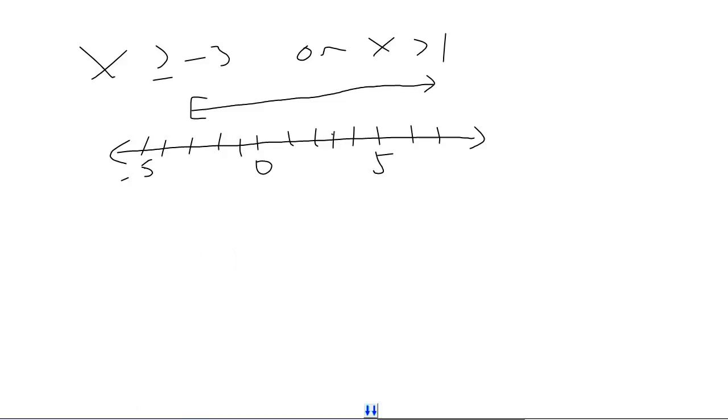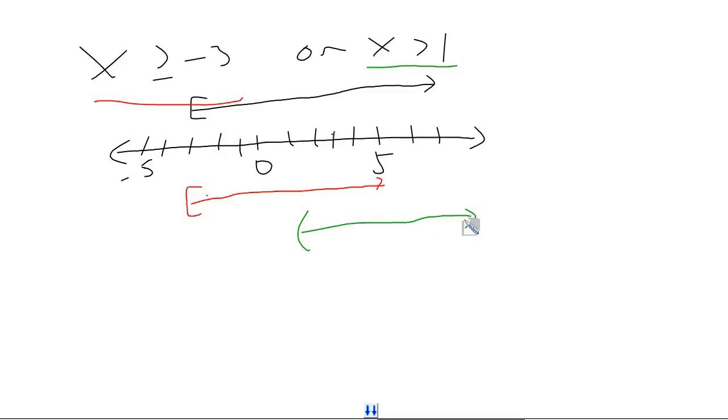Again, if I do something similar with the colors, the numbers that are greater than or equal to negative 3 are a bracket going in this direction. All the numbers that are greater than 1, I'll do that in green, is a parenthesis going in the same direction.